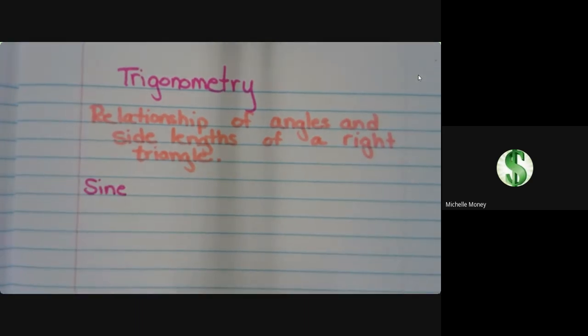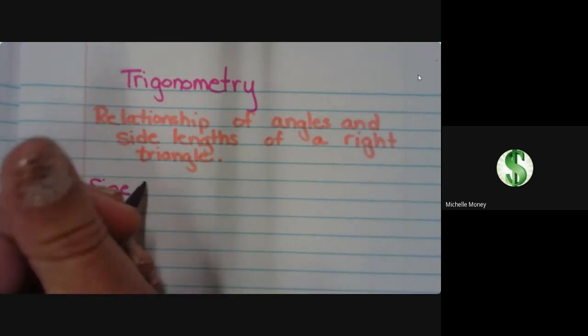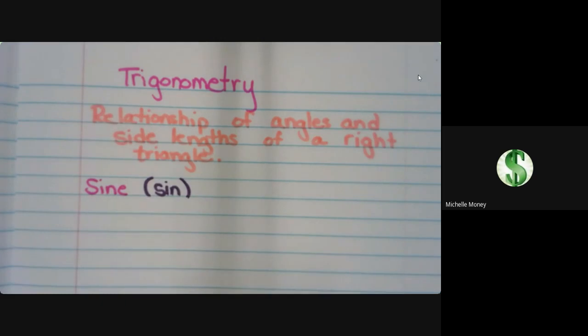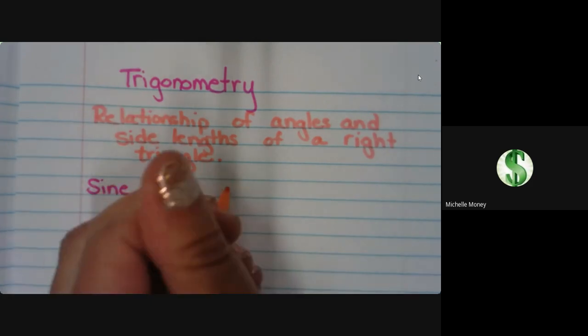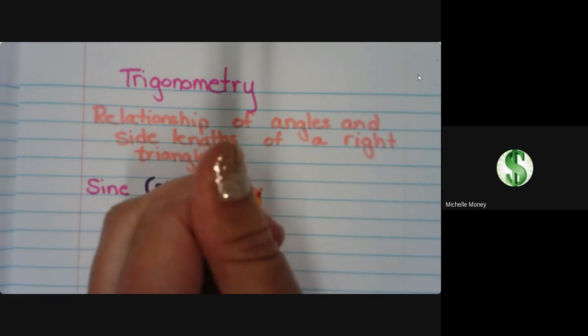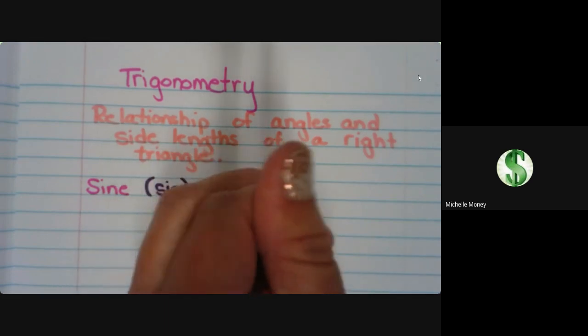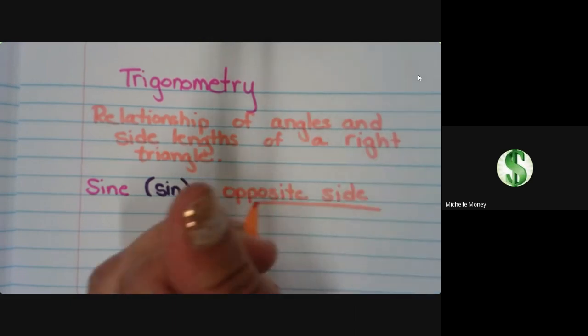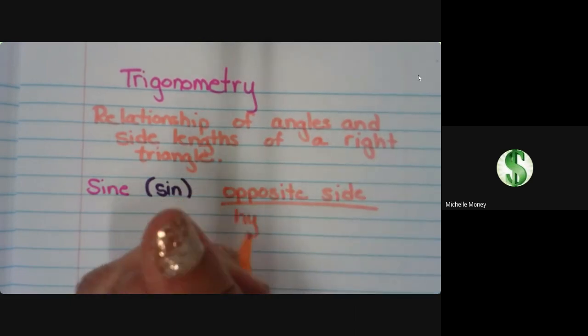Okay, and the sine is abbreviated with the letters S-I-N, so everyone says sin, but it technically means sine. And the relationship of the sine is going to be the opposite side over the hypotenuse.